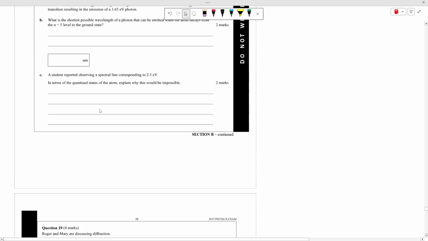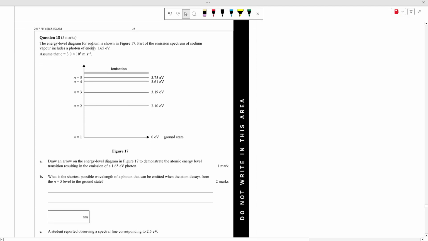Okay, last two pages. So, an energy level diagram for sodium is shown in figure 17. Part of the emission spectrum of sodium vapor includes a photon of energy 1.65 electron volts. Alright, so what's going to happen is there's going to be an emission spectrum. So anywhere that's white means there's no light there. And one of your parts of the emission spectrum means there's a line.